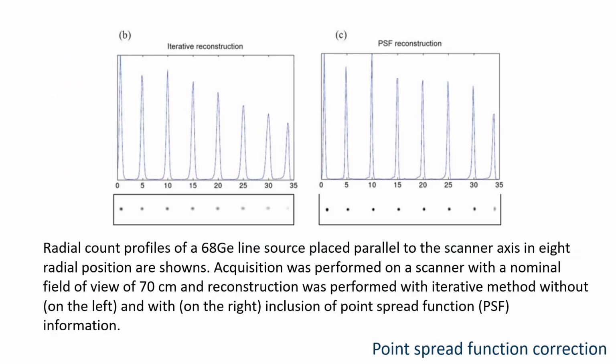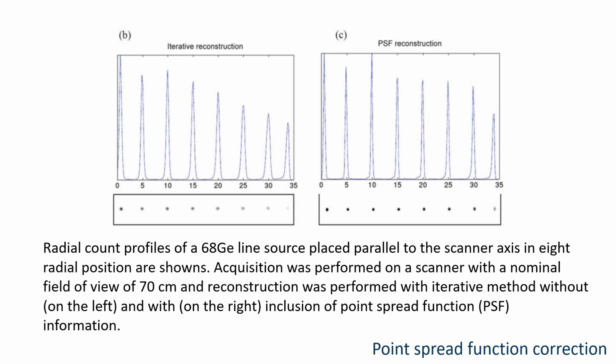This is an example of PSF correction. We have a line source of germanium-68 that is placed parallel to the scanner axis in 8 radial positions, and the profiles of the counts are taken on the left with the standard iterative reconstruction without PSF correction, and on the right with PSF correction.